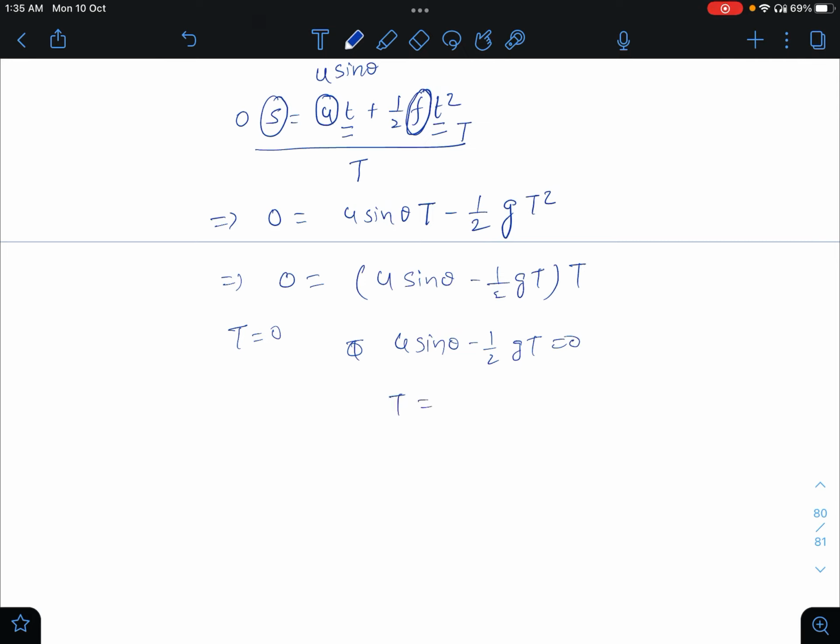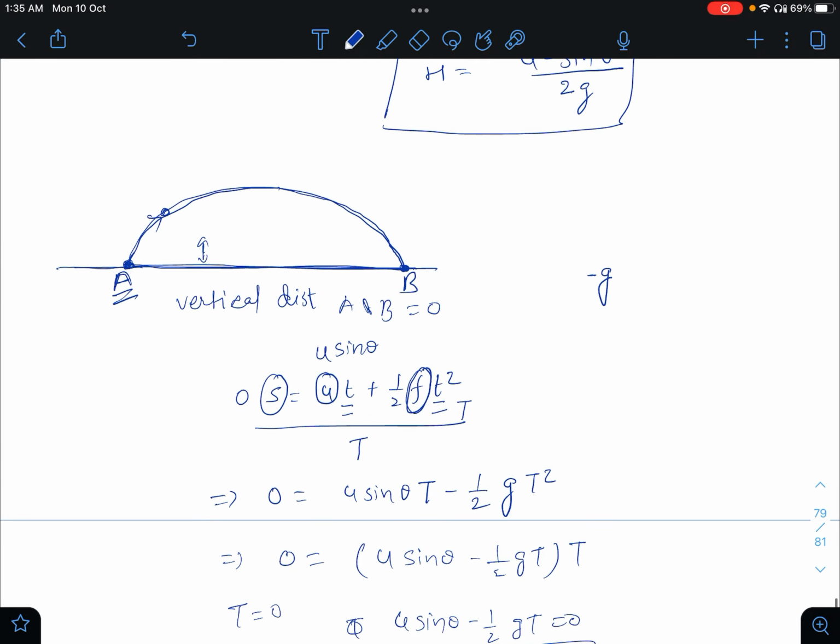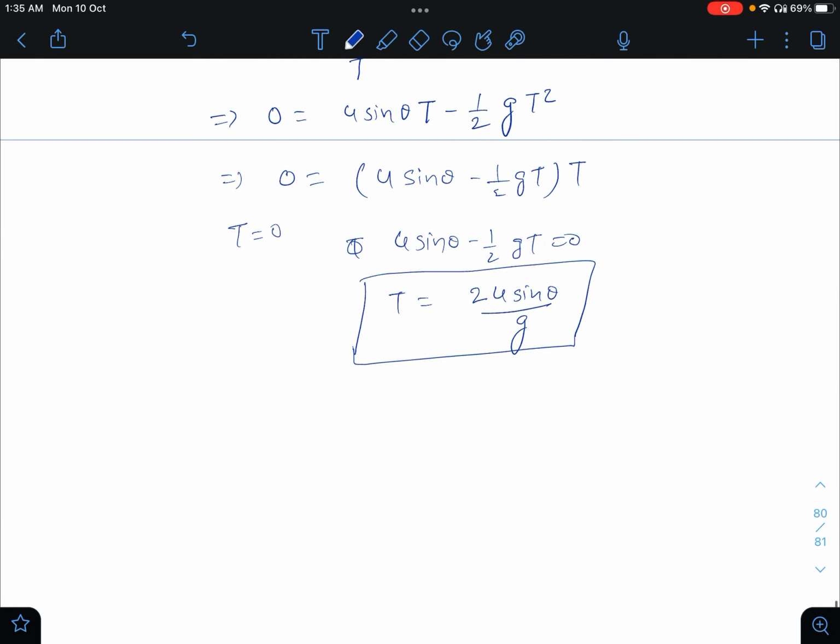That implies t is equal to 2u sin theta divided by g. So at this time the body will be at B. So time of flight is given by t is equal to 2u sin theta divided by g.